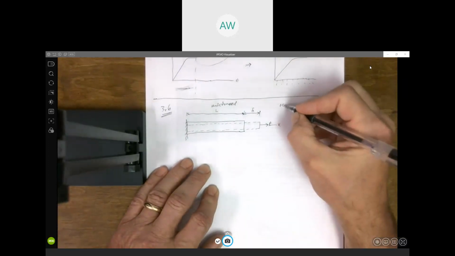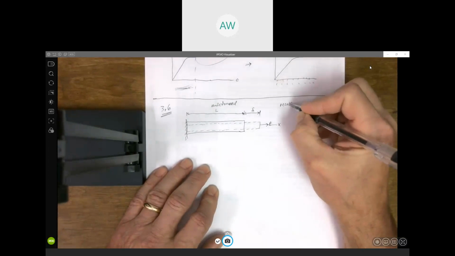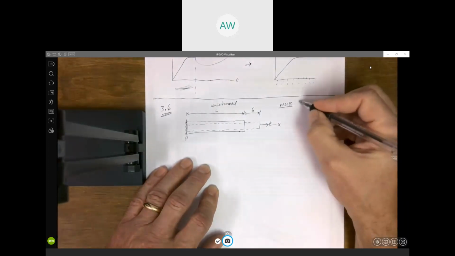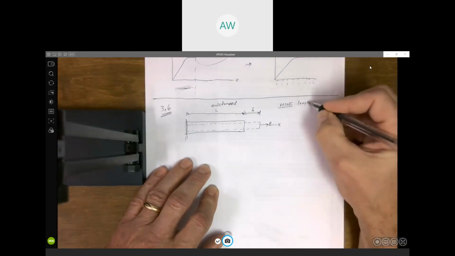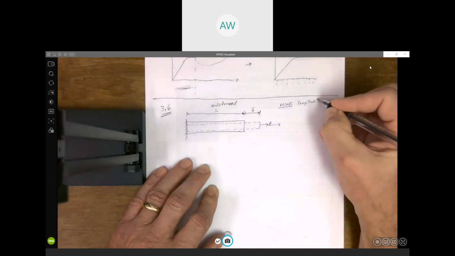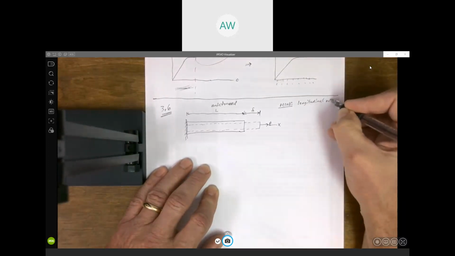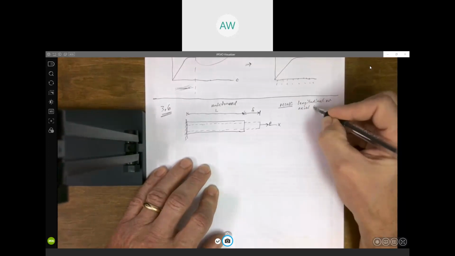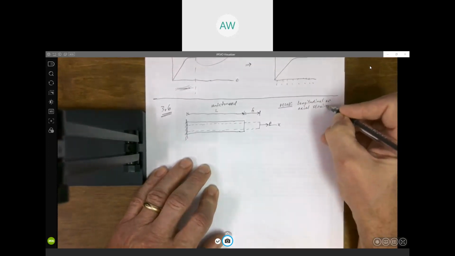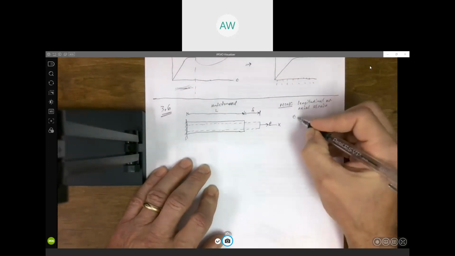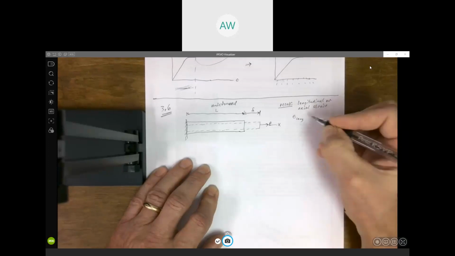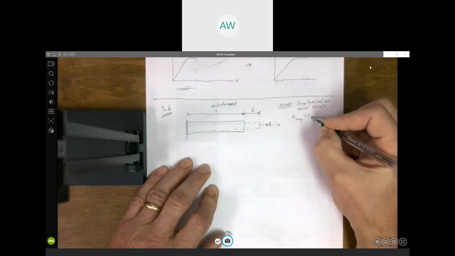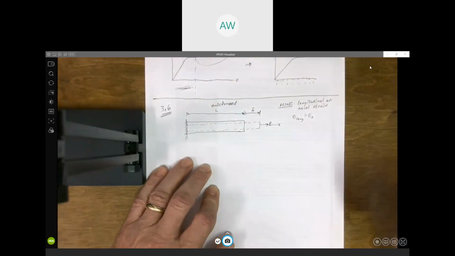Now, we've talked about the longitudinal or axial strain, epsilon longitudinal, or if you like using the x, y, and z notation, this would be the strain in the x direction.